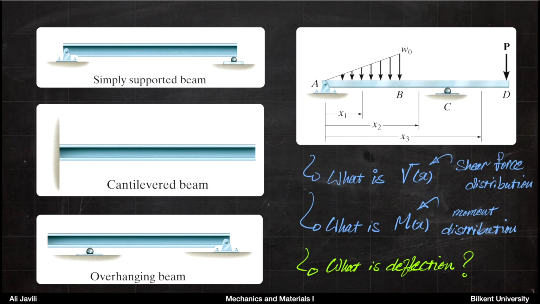Before we go to the topic deflection, we will need to answer these two questions. So we want to understand the shear force distribution and moment distribution in a beam. And that's all we want to do in chapter 6. We will come to the topic deflection in chapter 12 later.